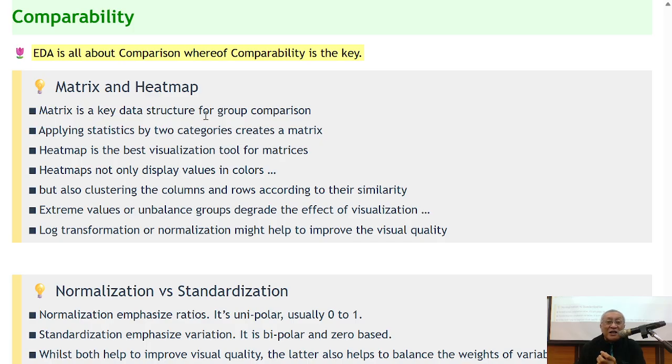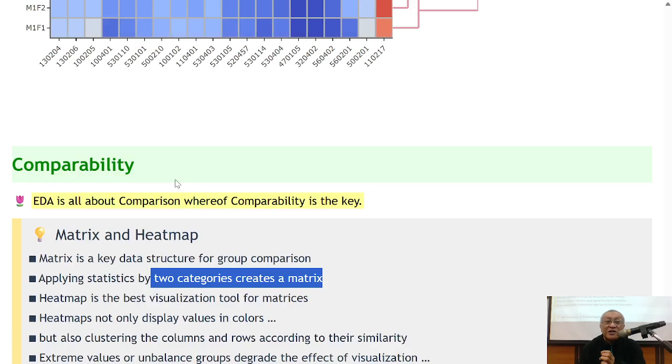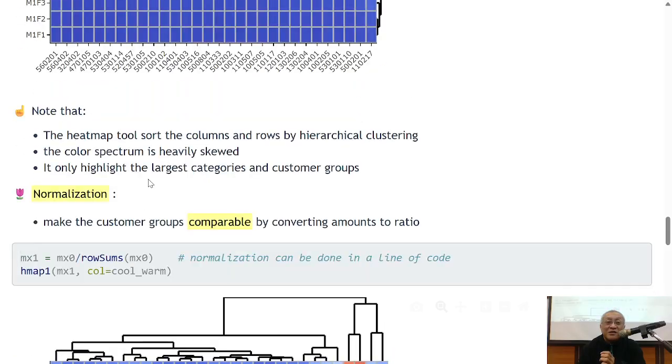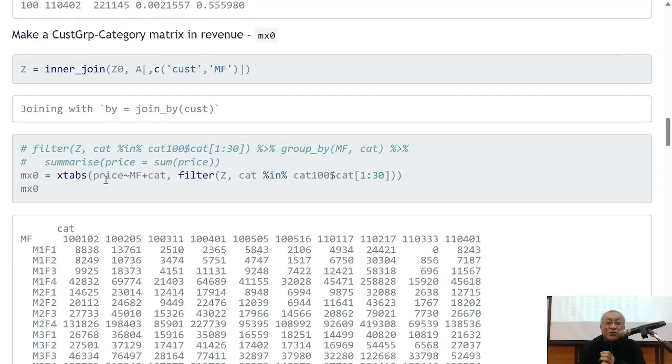the matrix is the key data construct for group comparison, right? So you can apply statistics on two categorical variables to create a matrix, as we do here, right?